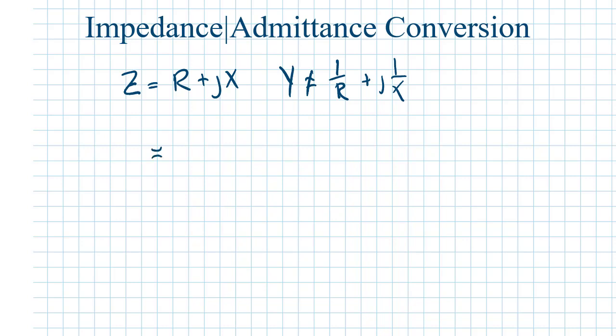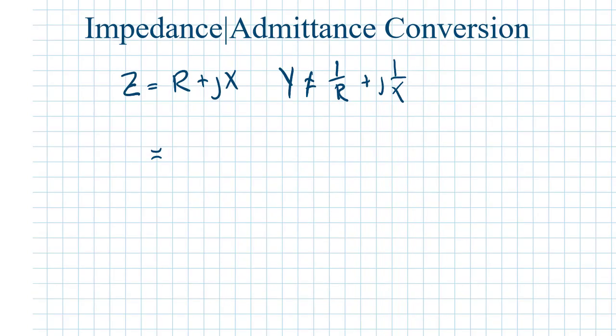What that means is that after doing the algebra you end up with an expression where the resistance and reactance end up in the numerator. The sign of the reactance changes, and that's all over the magnitude of the complex quantity squared.